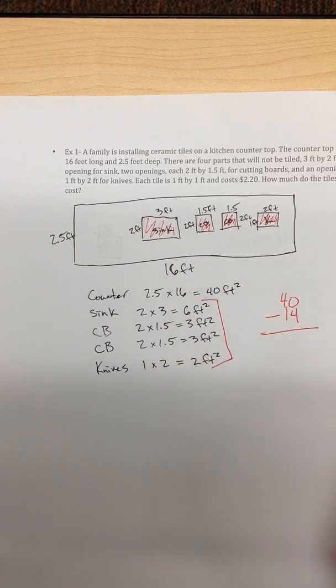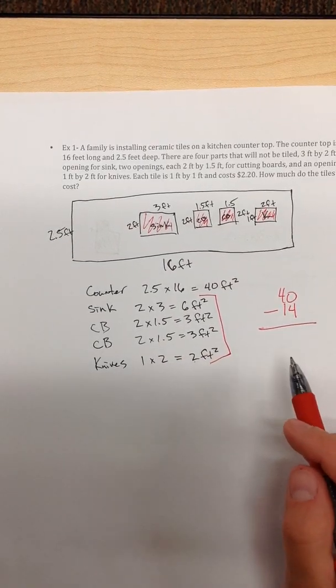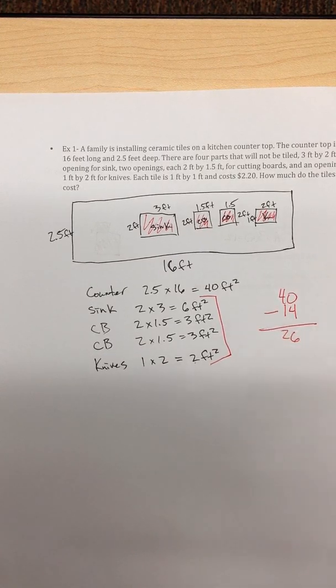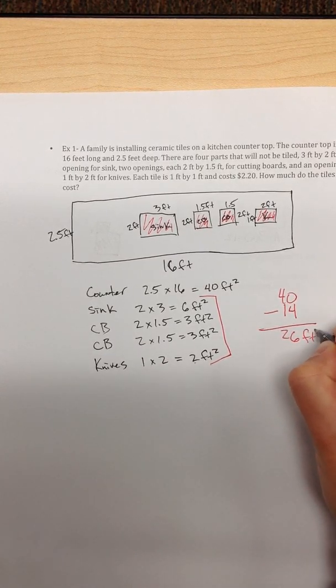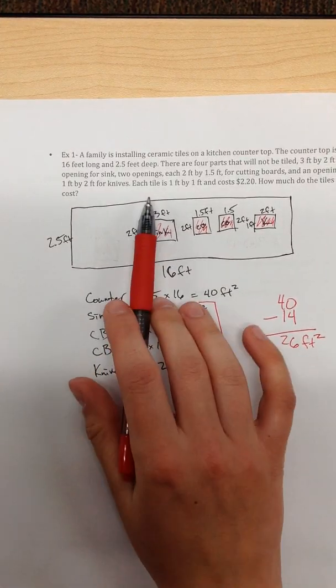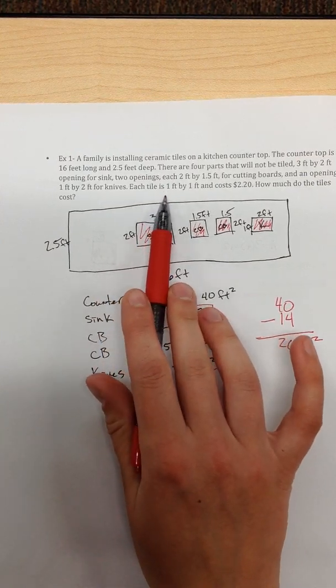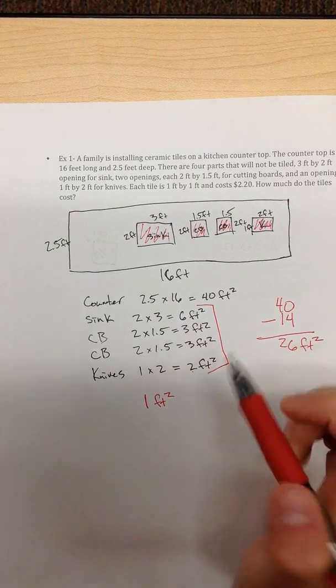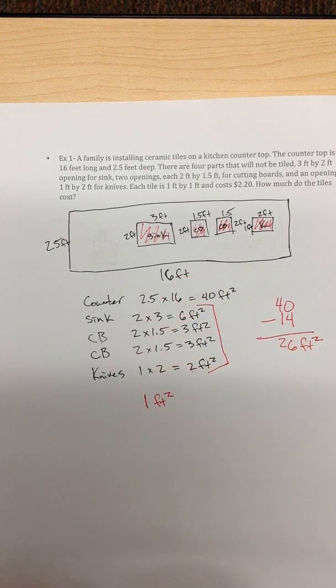So if I do my whole counter, 40 minus 14 that I don't need to tile, that would come out to be 26. So I've got 26 square foot of tile I need to order, and then I've got to go back here and it says each tile is a foot by a foot, so basically 1 square foot, because a foot by a foot would just be 1 times 1.